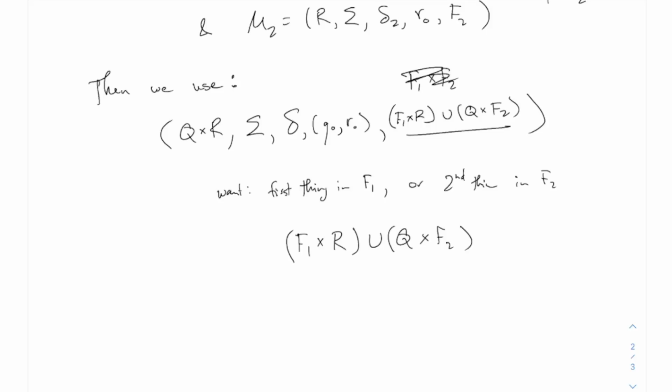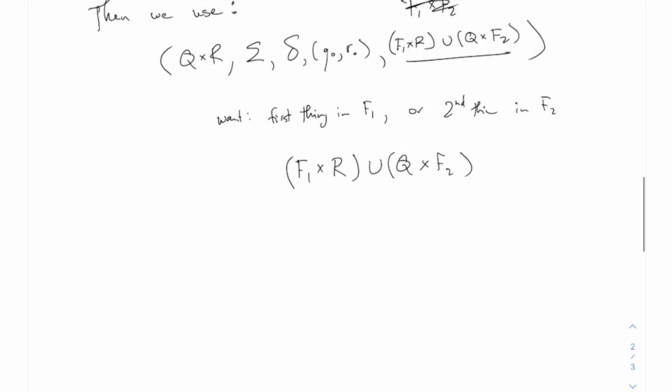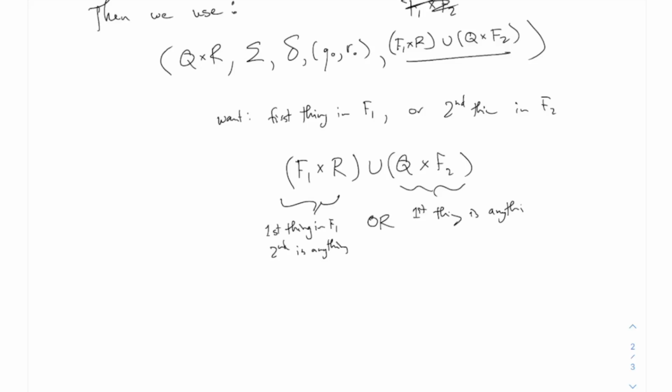And the translation of that in words would be this: F1 cross R means first thing in F1, the second is anything, and then or the second part means the first thing is anything, the second is in F2. All right. The R, I mean, I translated that as anything. R is just the set of all the states from the second machine. And Q is the set of all the states from the first machine.